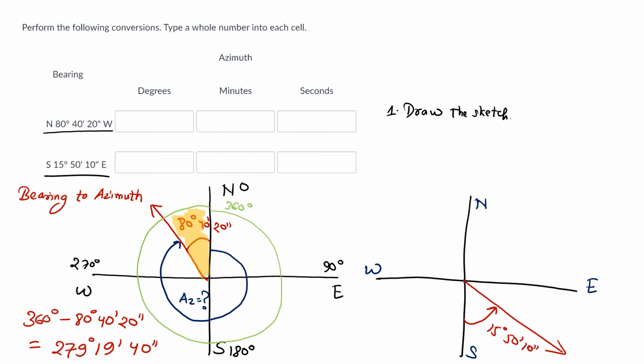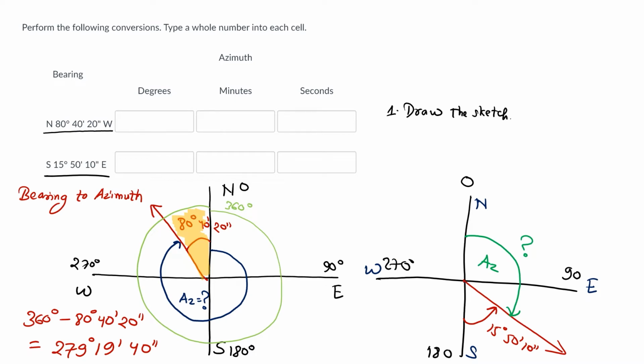What is the azimuth of this line? Again, azimuth is the angle measured clockwise from the north. So I need to find this angle. Again, this is 0, this is 90, this is 180, this is 270.